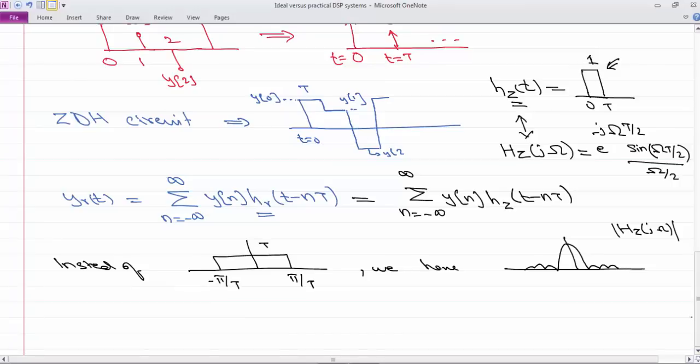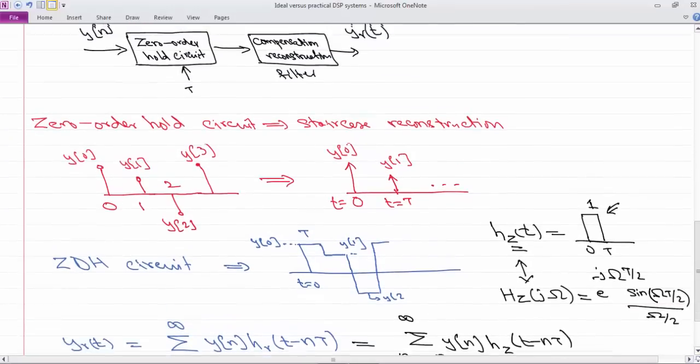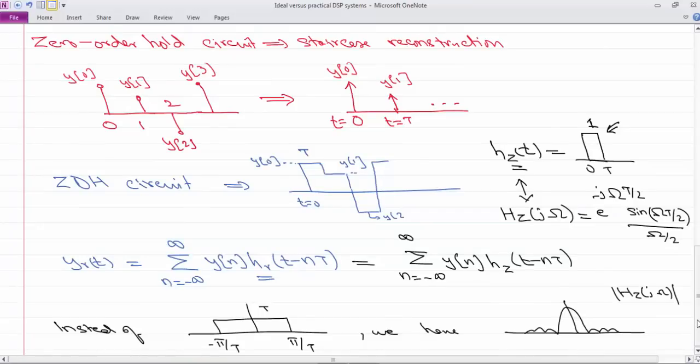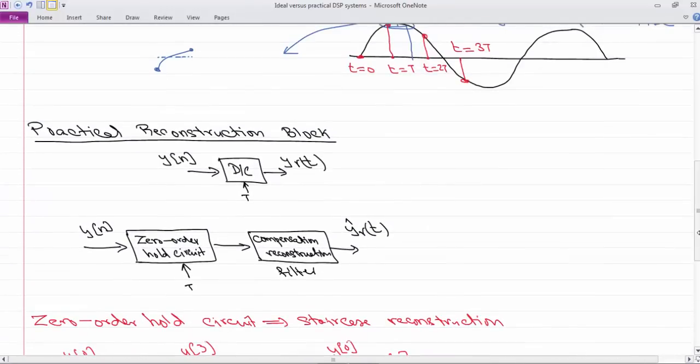So to compensate for this staircase, because we don't have the ideal reconstruction filter, we cannot guarantee that the output at this point is going to be the output in the ideal case.